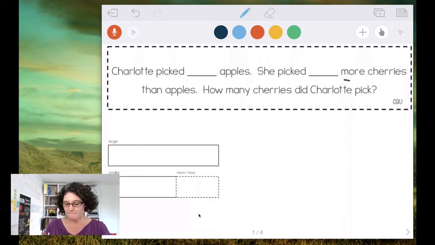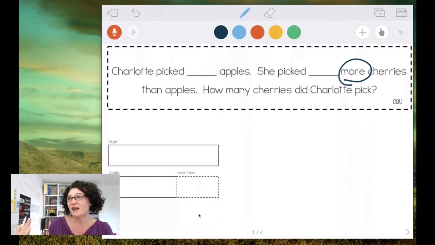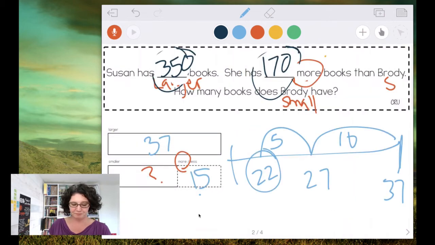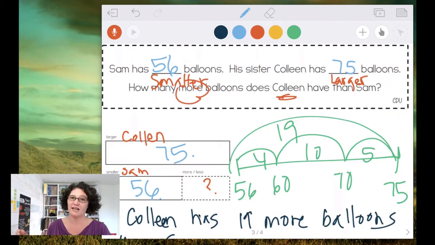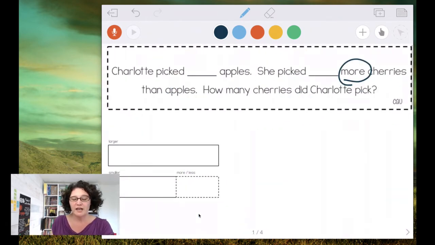She picked blank more cherries. Now in this problem, it's interesting because Charlotte isn't the larger or smaller number. I know it's odd for a person, but in the other two problems, we had Susan and what she had, and Susan had more. Or we had Sam and what he had, and he had less. In this one, this is actually talking about apples and cherries.